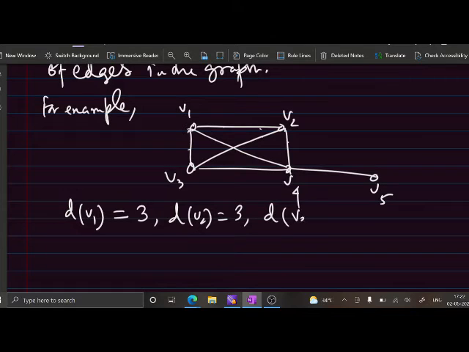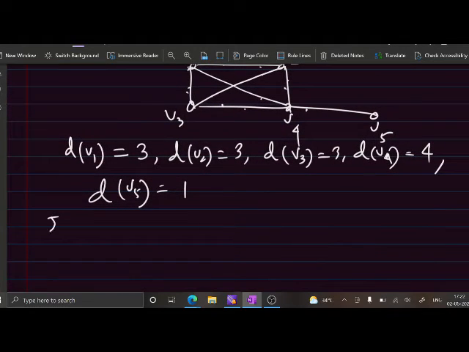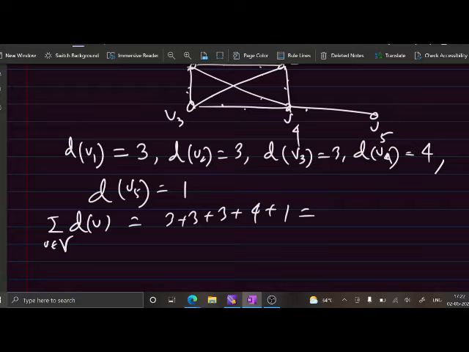What is d(V3)? 3. What is d(V4)? 1, 2, 3, 4. And what is d(V5)? Simply 1. So the sum of degrees is 3 plus 3 plus 3 plus 4 plus 1, that is 14.